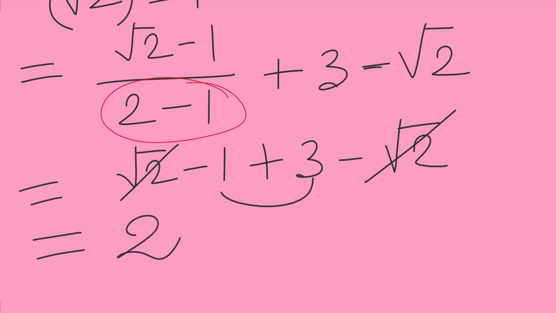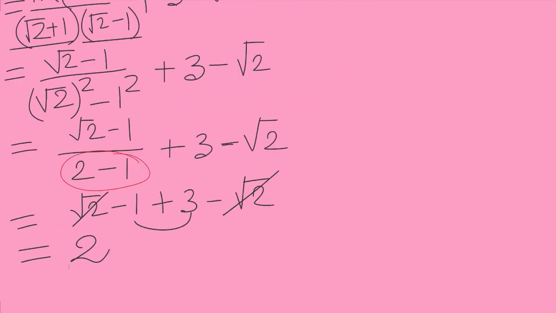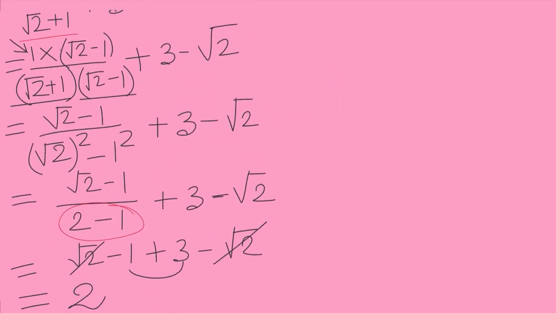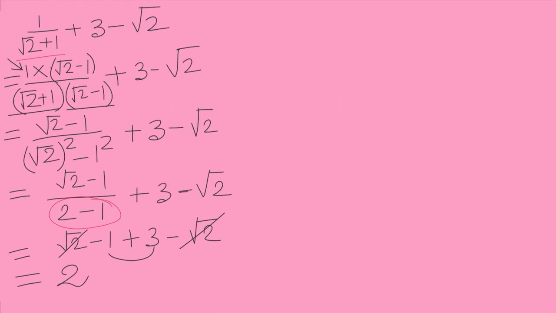So a problem like this got a simple answer like this, and we got that answer by using the technique of rationalizing the denominator. For any other case you can just do it like that. We will take one more example for that.